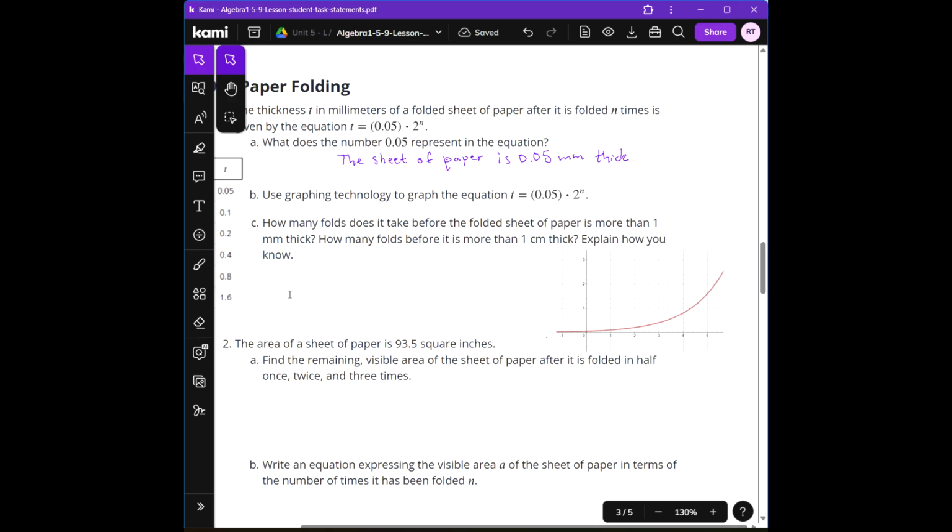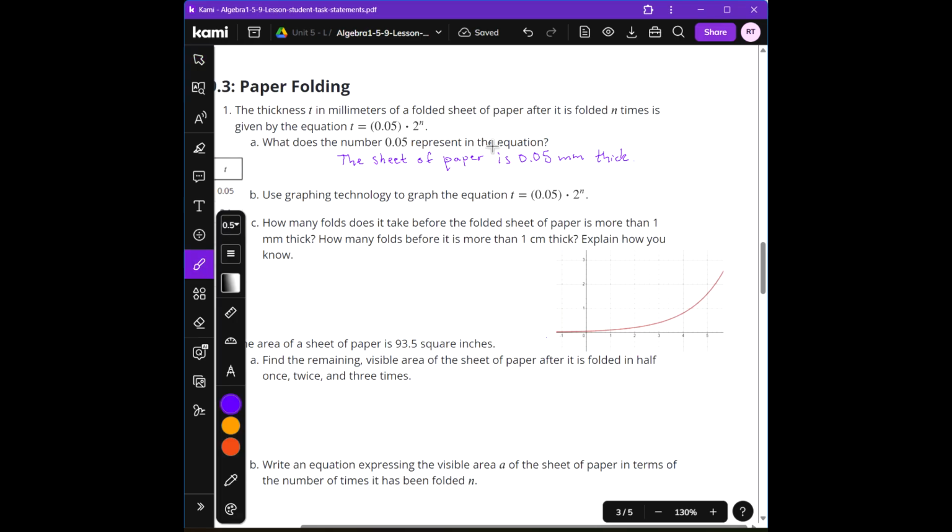One of the things that is important to remember is what our axes are. Down here we have the number of folds, our independent variable. Our dependent variable is the thickness.